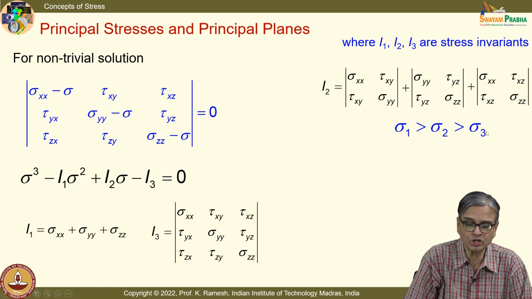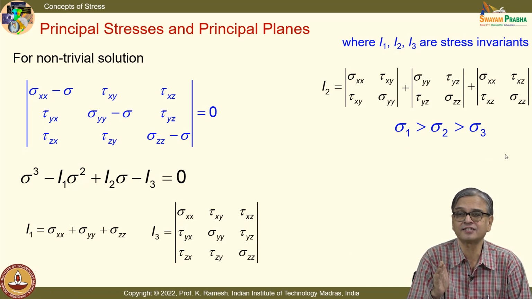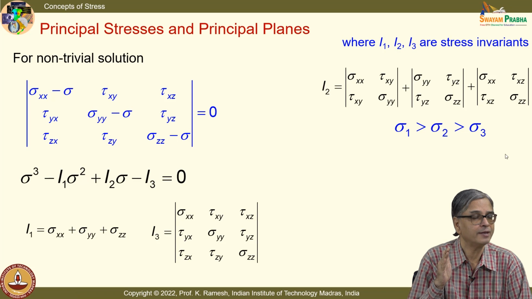And finally, once you get these quantities, I will have 3 roots for this expression, and they have to be arranged algebraically. The largest is sigma 1, in between one is sigma 2, and the least is sigma 3. This you should never forget.